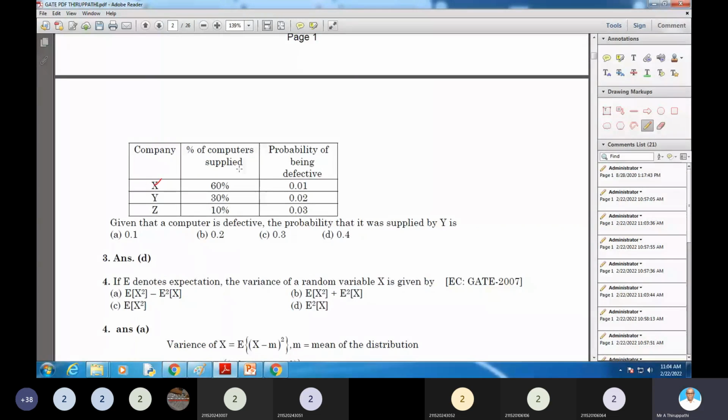Computer X supplies 60%, with probability of a defective item 0.01. Y supplies 30%, with probability of defective item 0.02. Z supplies 10%, with probability of defective item 0.03. Given that a computer is defective, find the probability that it was supplied by Y. That is the question.